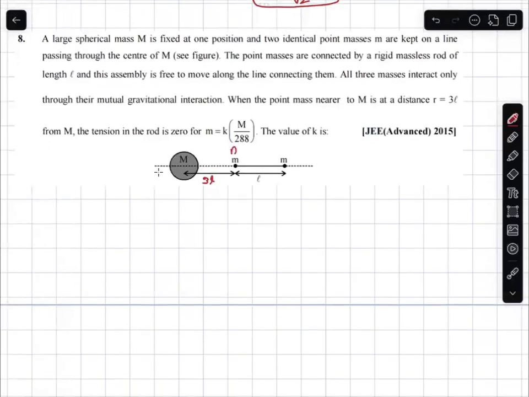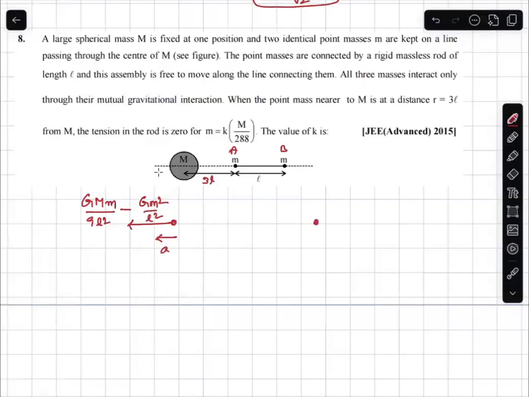Now let this be A, let this be B. Now you take the free body diagram of A. This should experience G capital M small m by 9L square and minus Gm square by L square, and this contributes some acceleration.